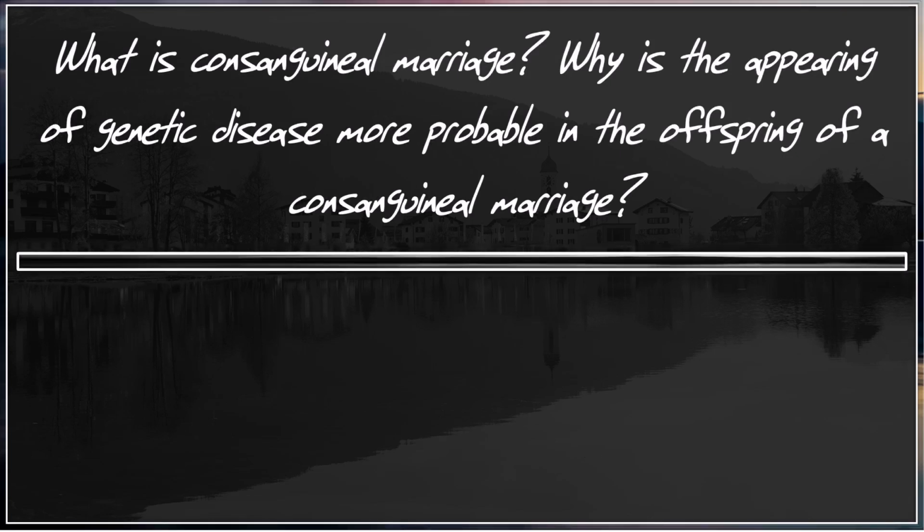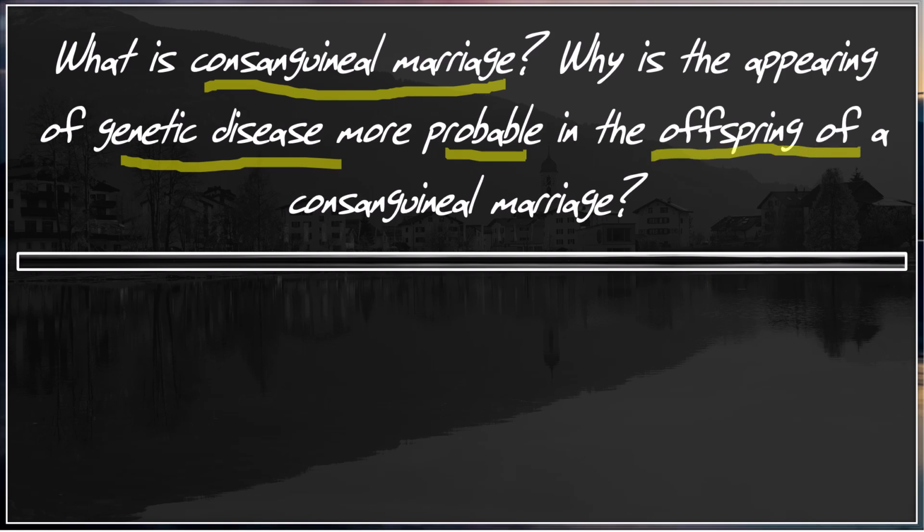What is consanguineal marriage? Why is the appearance of genetic diseases more probable in the offspring of consanguineal marriage?